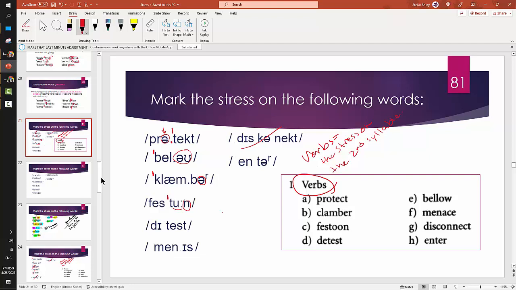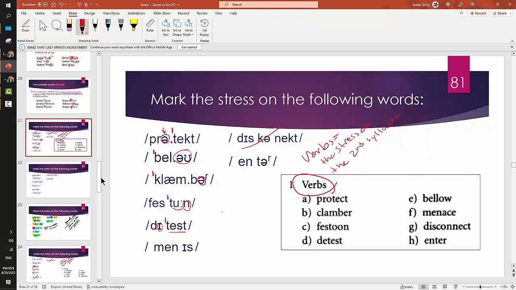Detest, it's like design, it's like divine, so we will put the stress on the second syllable because we have short E followed by a consonant.